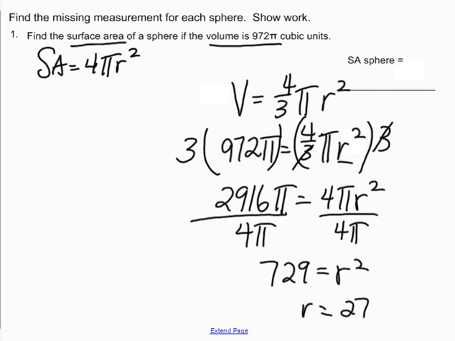We've got the radius. So now I'm going to say surface area equals 4 pi times the radius squared. That equals 9160.9 units squared.